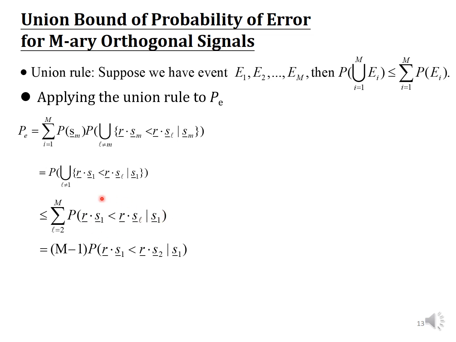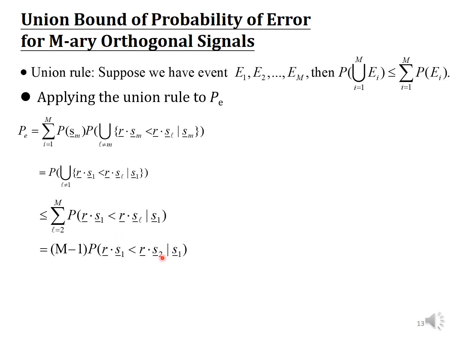Each of the error cases is equal because this is an M-ary orthogonal signal. So these M minus 1 error cases have the same error probability. So the summation would be equal to M minus 1 multiplied by each error case. Say error case: S1 was sent, but the correlation with S2 is greater than the correlation with S1.